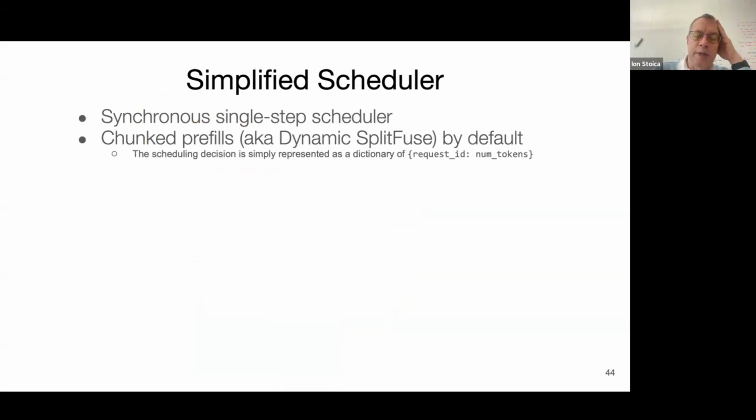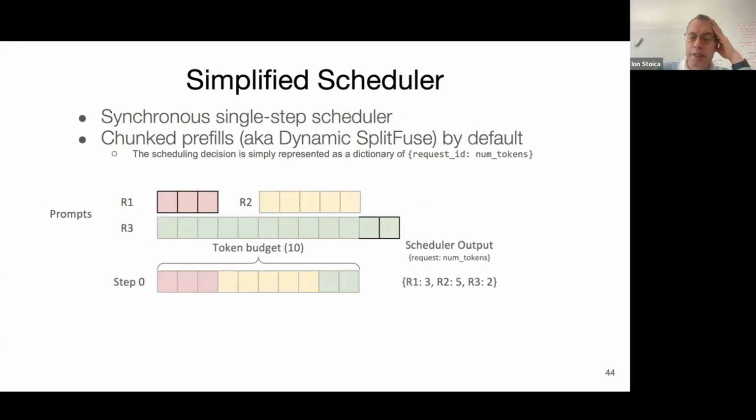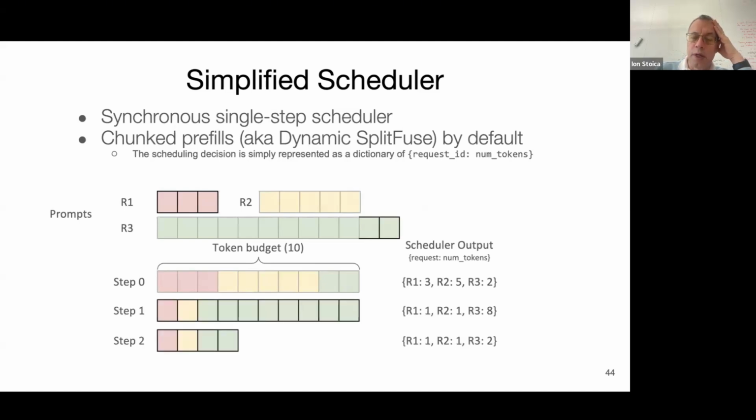Then it simplifies the scheduler. Here we had a synchronous single-step scheduler, and it was quite complicated before. For each batch, you have different ways to decide how many tokens from each request you are going to process.